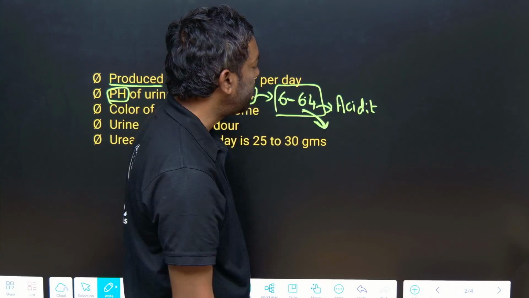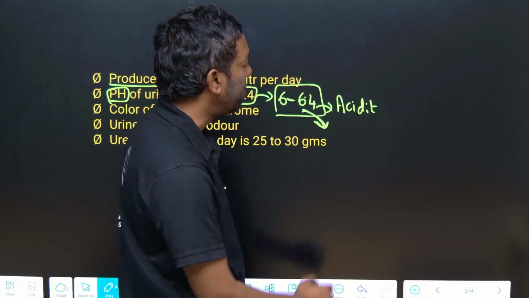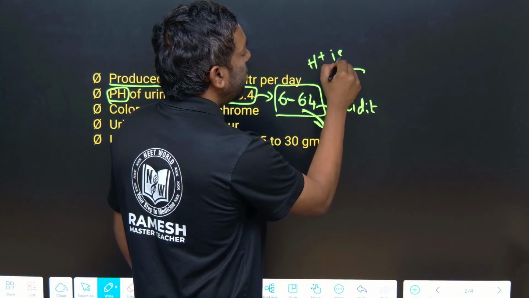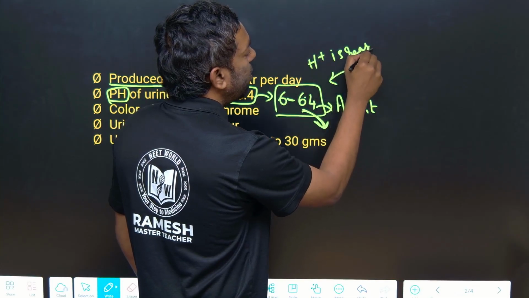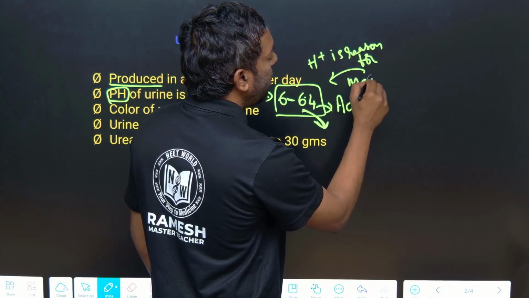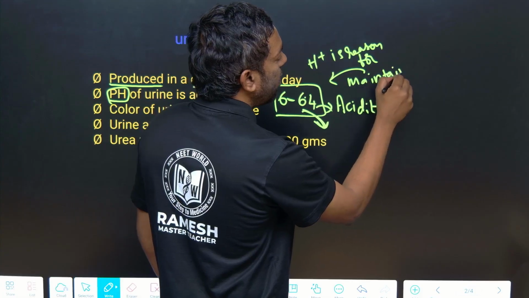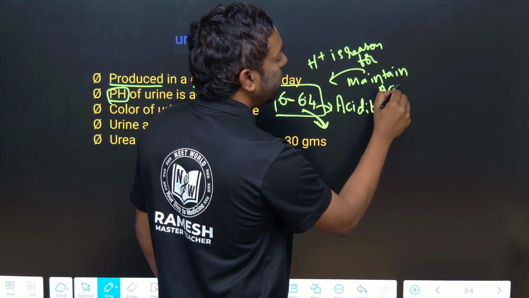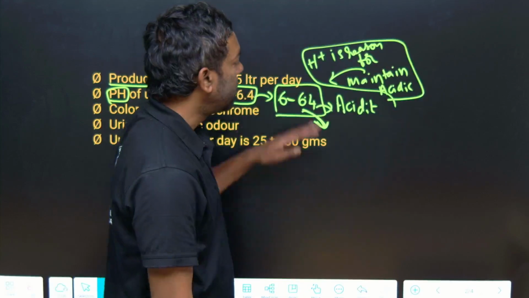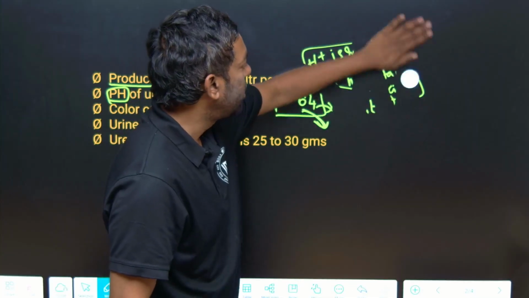How is it produced? Hydrogen in the urine is the reason for maintaining acidity. Where is the hydrogen in the urine coming from?